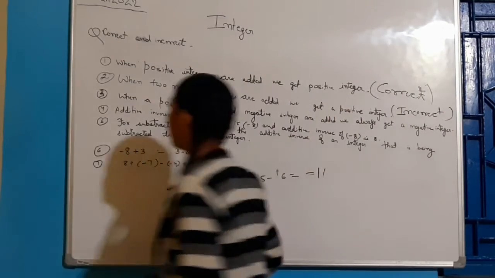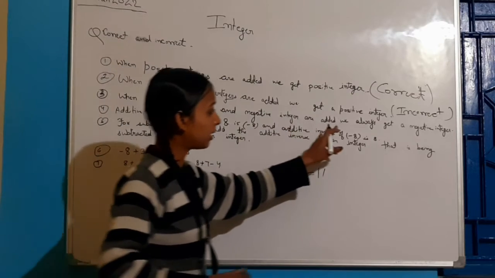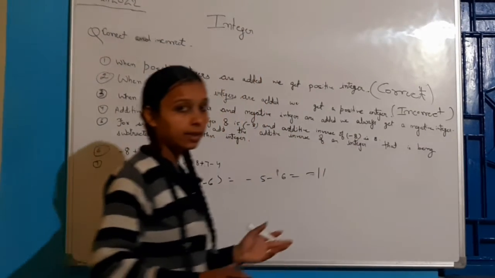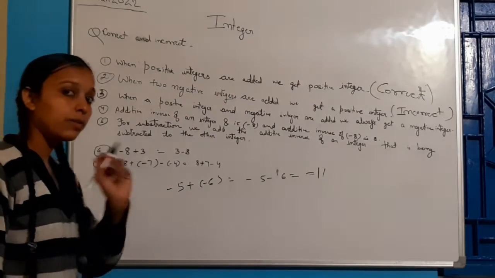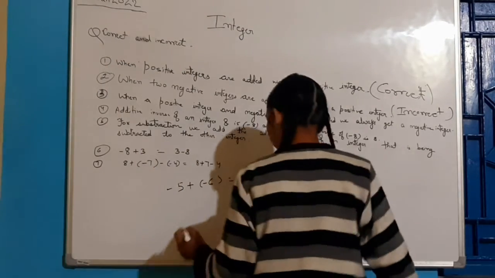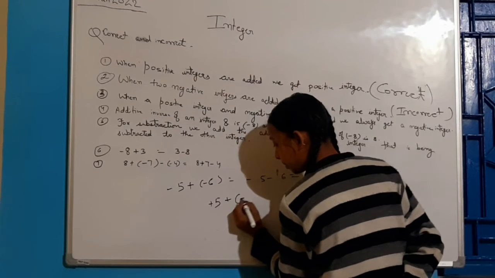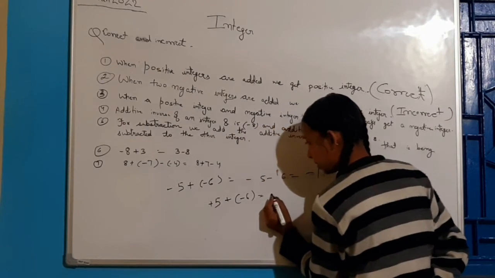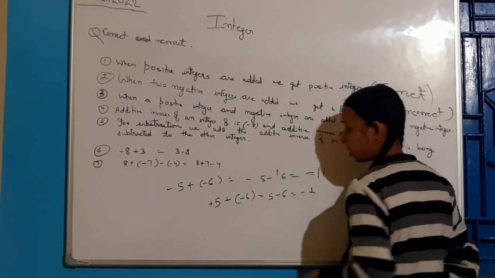Now we will see the third line. When a positive integer and a negative integer are added, we always get a negative integer. How? First of all, we will see this: 5 plus -6, we will get -1.